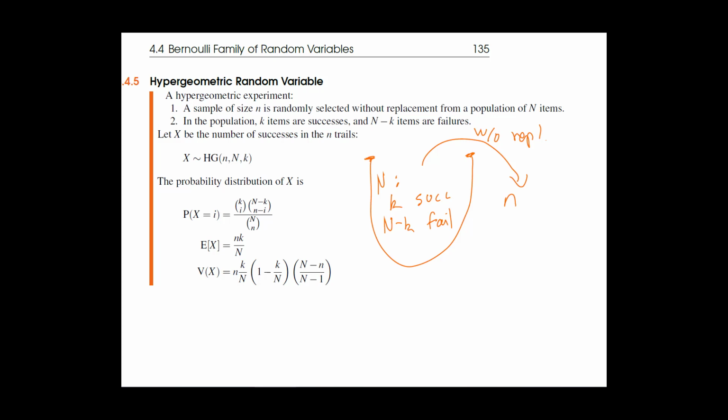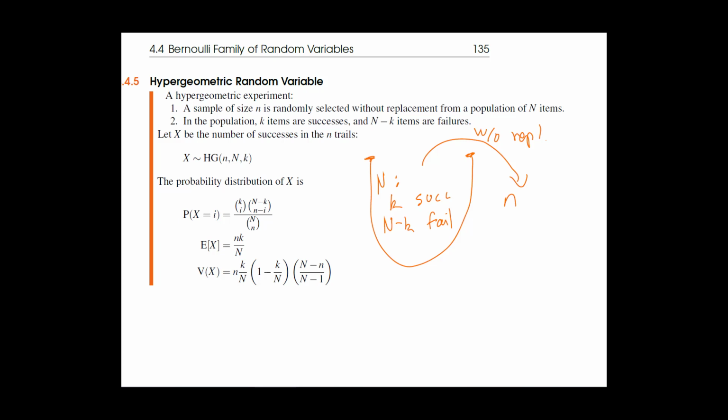Now, this is not exactly a Bernoulli trial. A Bernoulli trial would be one where the probability of success is always constant. So that's the difference of hypergeometric. It's for finite urns. The capital N is finite. So each time you take an element, the probability of success the next time will change.